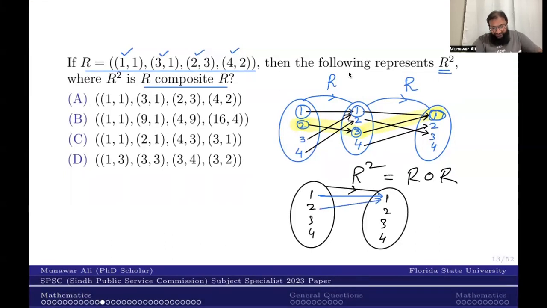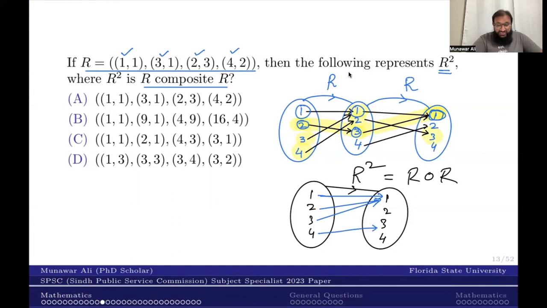Again, you can see 3 goes to 1 and 1 goes to 1. It means 3 goes to 1 finally. And final thing is 4 goes to 2 and 2 goes to 3. It means 4 goes to 3.